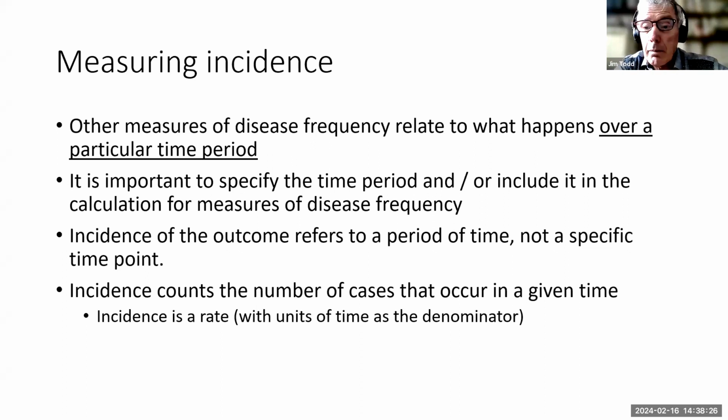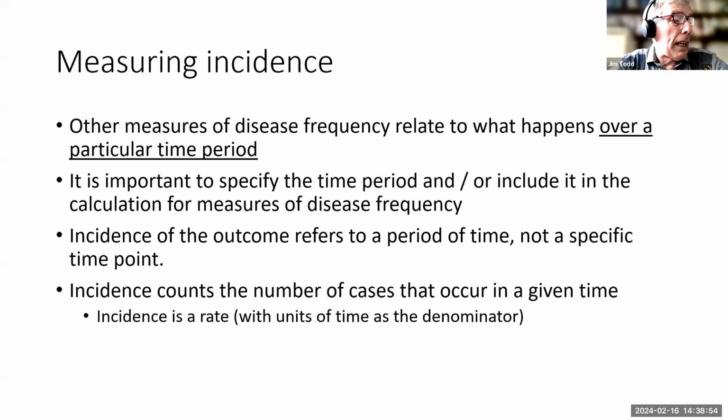Or even, as Mustafa says, over the whole lifetime, the cumulative incidence can be calculated over that. So the incidence of an outcome then refers to the number of cases that occur within a period of time. It's not about a specific point in time, but it's about over a period of time, and therefore is reported per unit of days, years, or months.